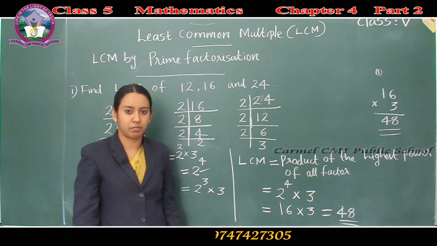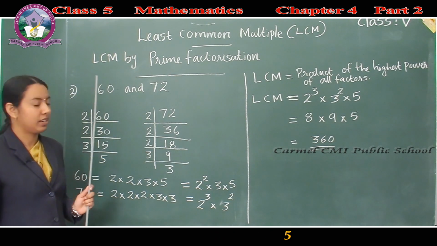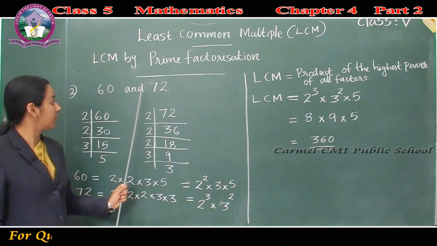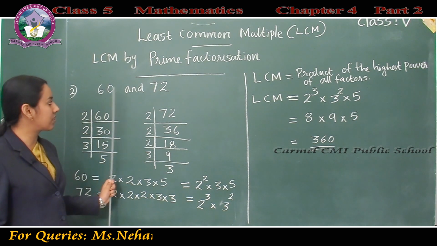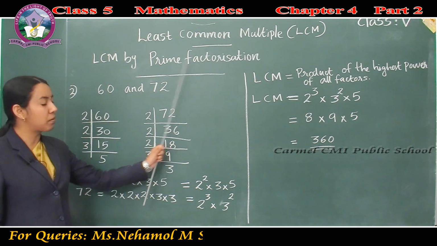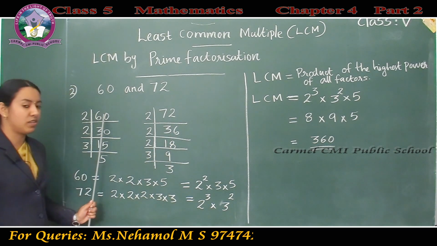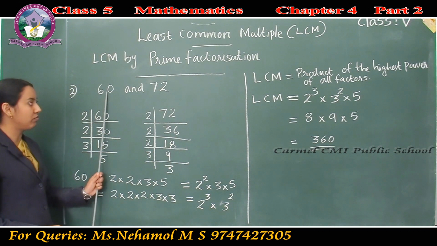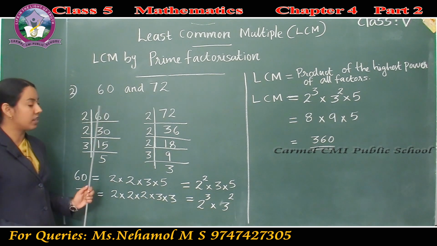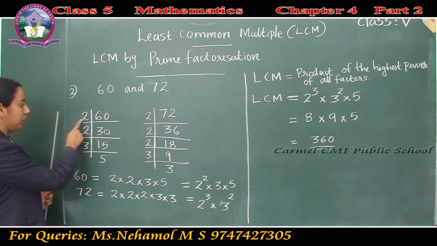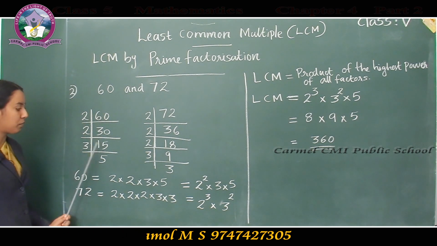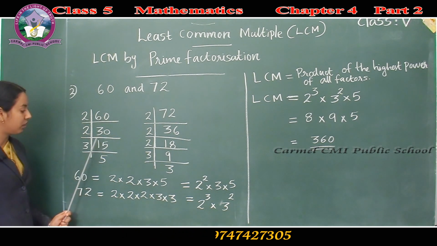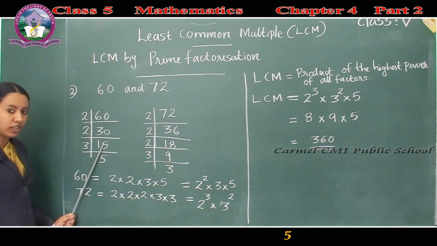Now consider the second question. 60 and 72. We have to find the LCM of 60 and 72 by the prime factorization method. First we have to find the prime factorization of 60 and 72. 60 divided by 2 is 30. 30 divided by 2 is 15. 15 is not divisible by 2.